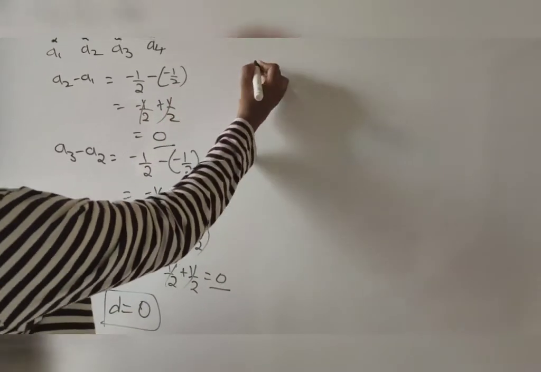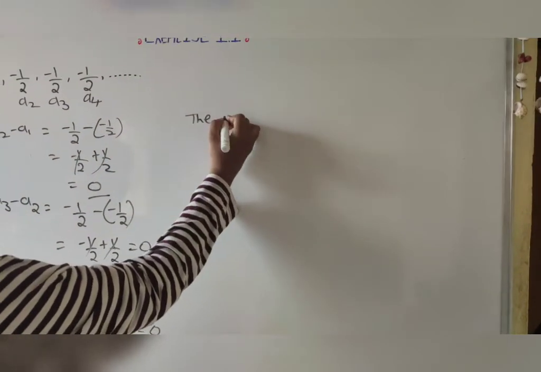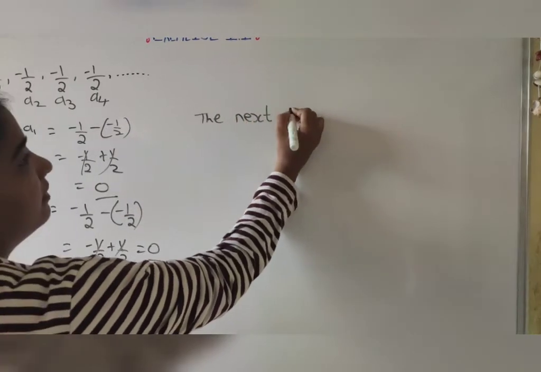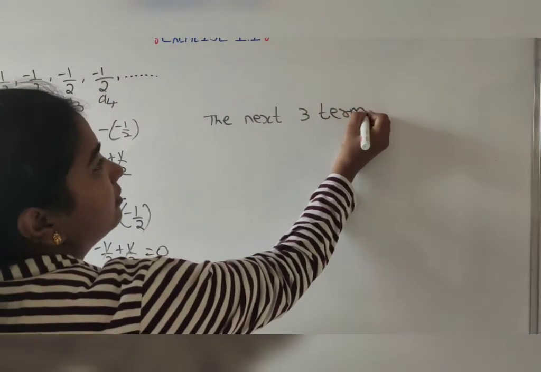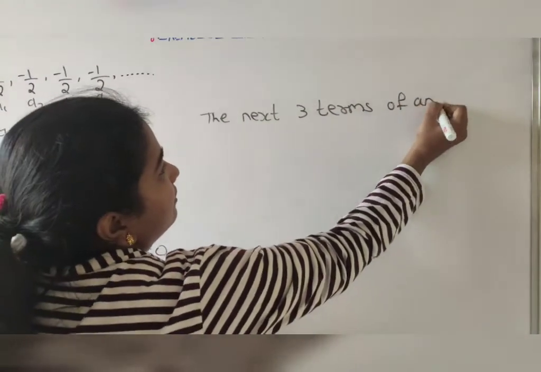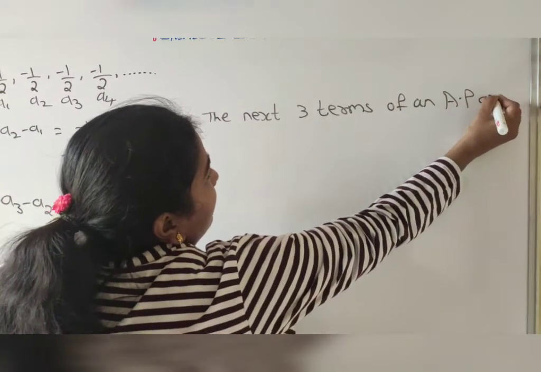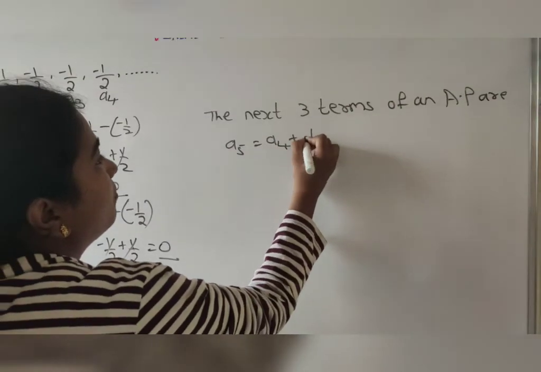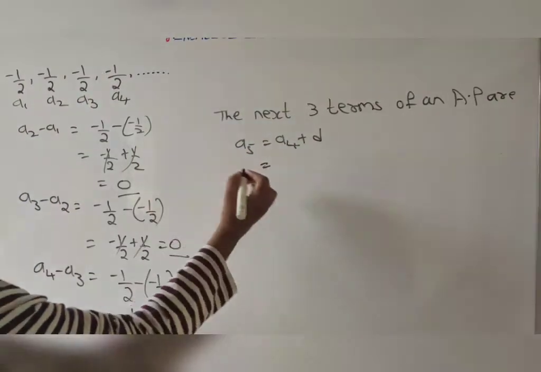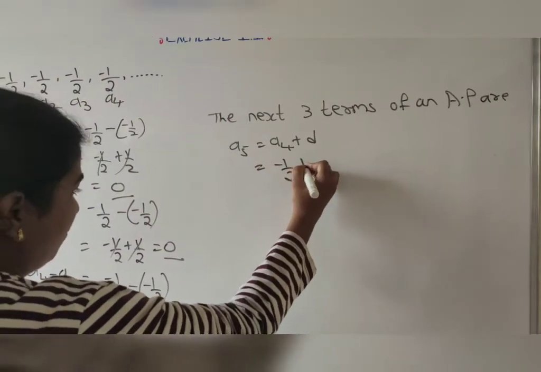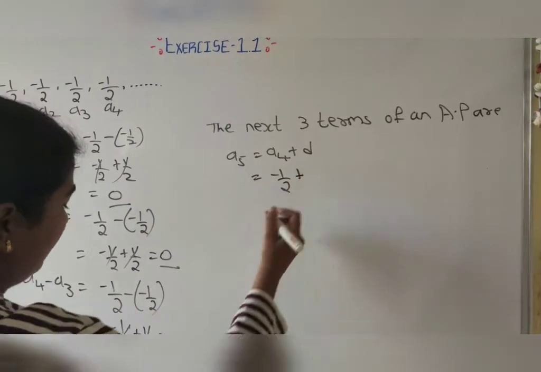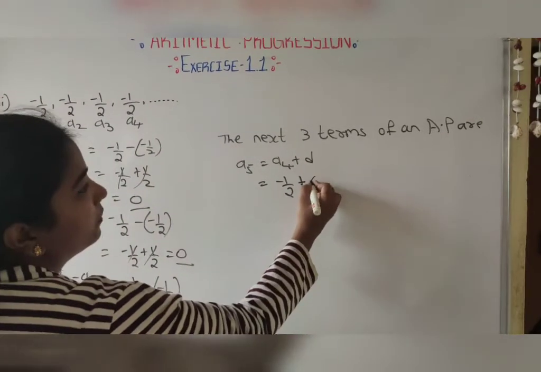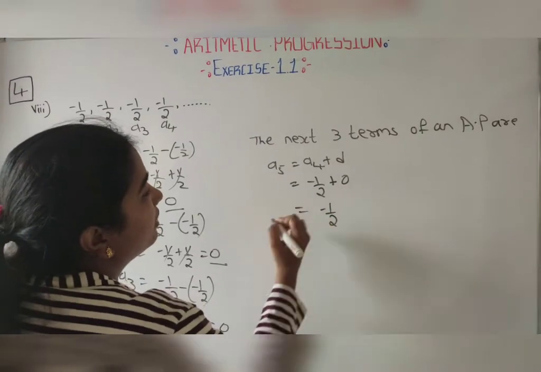Next, the next three terms of an AP are: A5 is equal to A4 plus D. A4 is what? Minus 1 by 2 plus D is what? 0. You are getting minus 1 by 2 again.